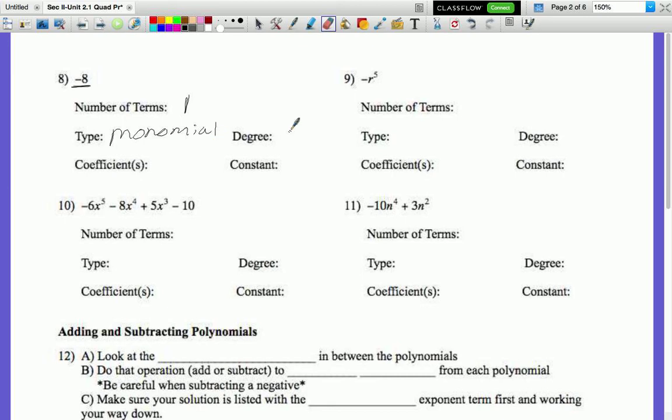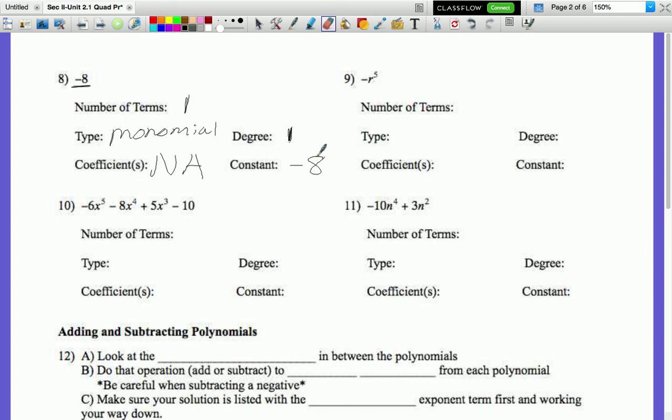The highest exponent is 1. Coefficients. Do we have any numbers in front of variables? We do not, so you would just say NA. Constants, though, we do have a constant in this case. It is -8. And so that is our constant.